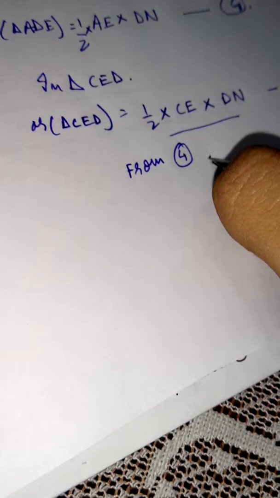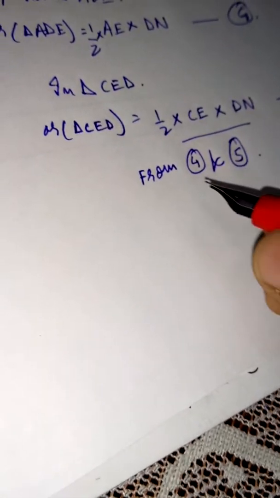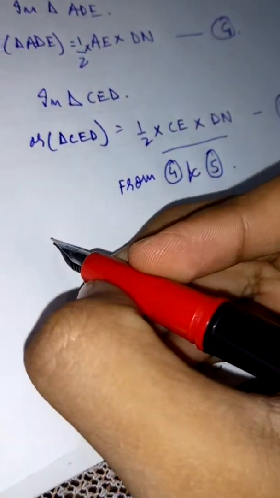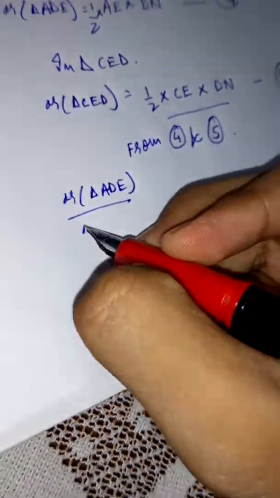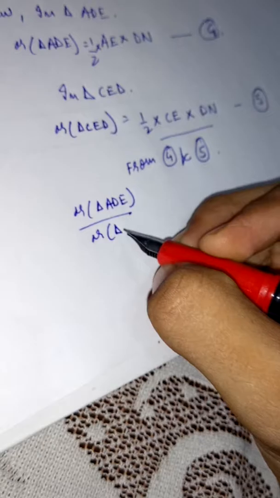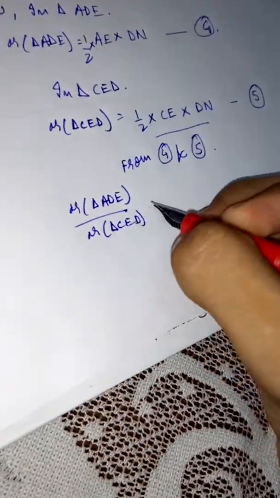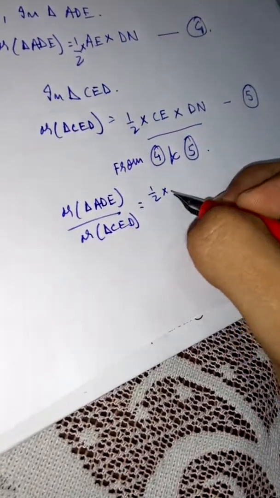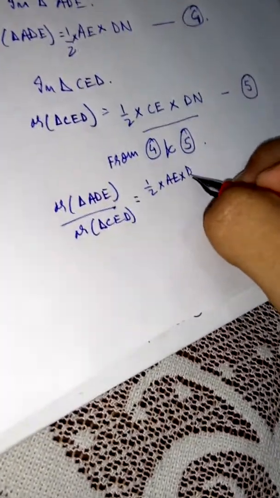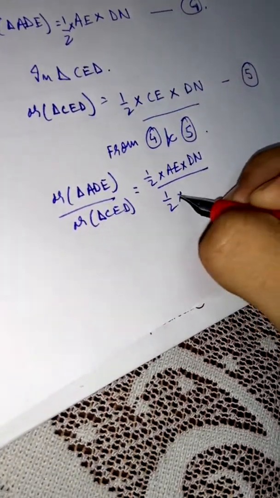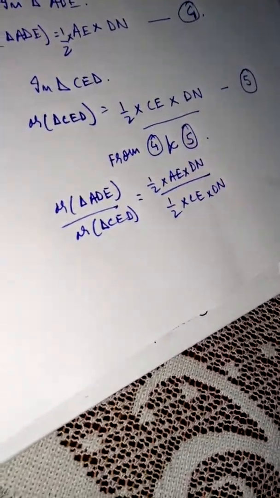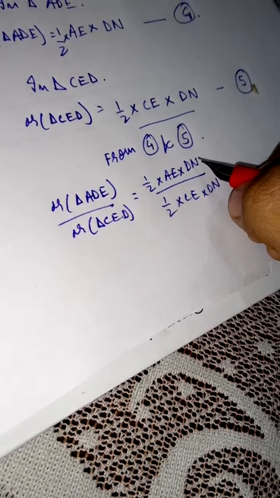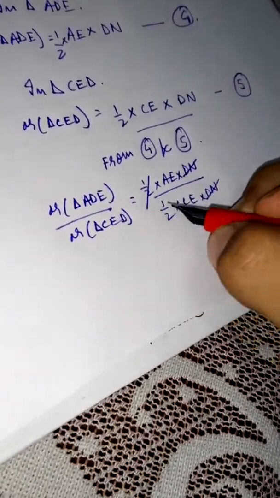Now again from 4 and 5, we get that area of triangle ADE upon area of triangle CED is equal to half into AE into DN upon half into CE into DN. Here we can again see some common terms, so cancel them out.